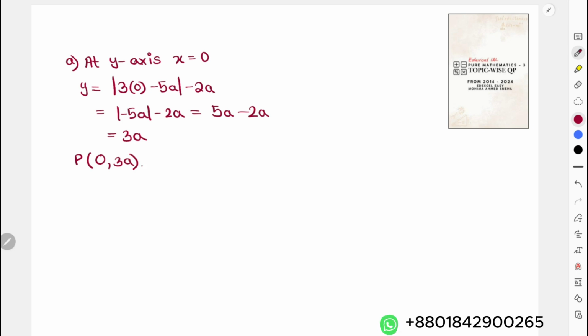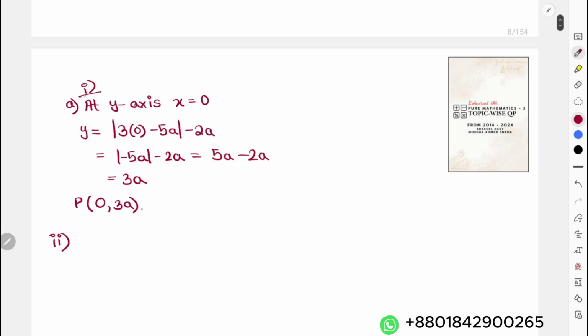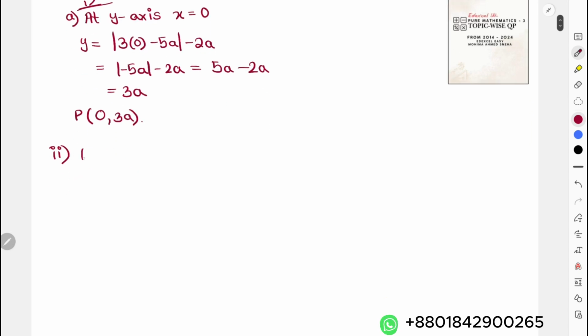Then after this, we want to find the points Q and R, which are the x coordinates. So for part 2, this was going to be part 2, and this is your part 1. So for part 2, at the x-axis, your value for y is 0.